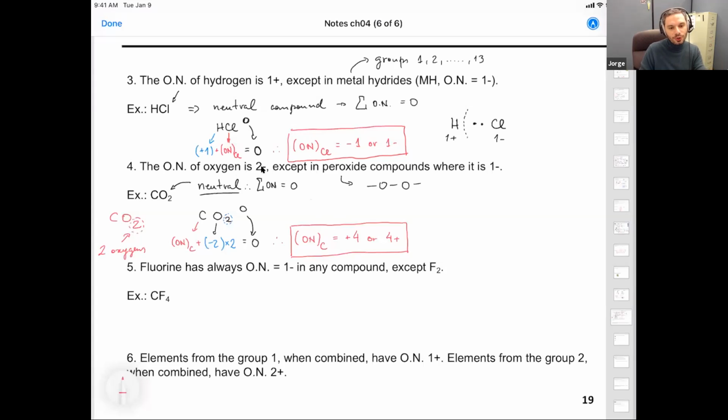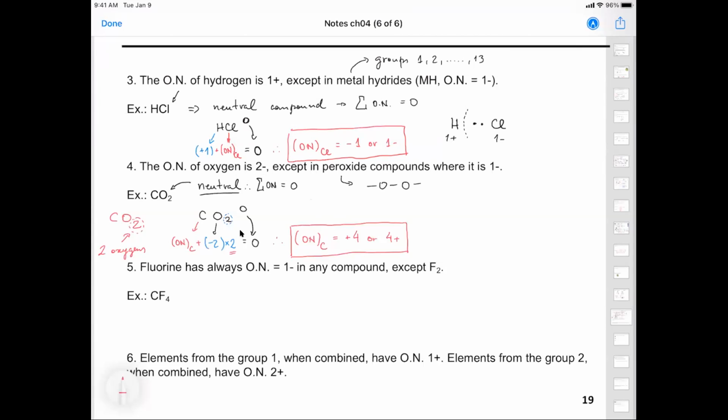If we have 2 oxygens, then we have to add the 2 here. Thank you. No problem. So remember that the oxidation number is going to be multiplied by the number of atoms in the compound. And that's why I multiplied by 2.